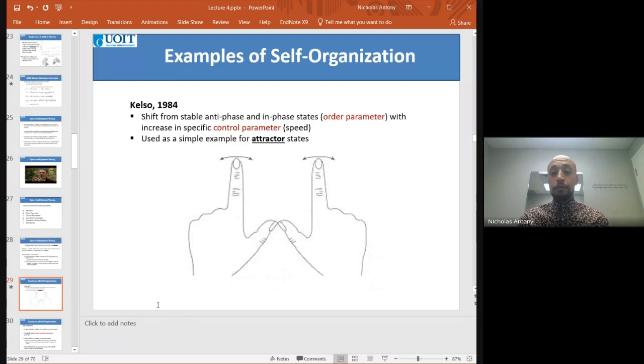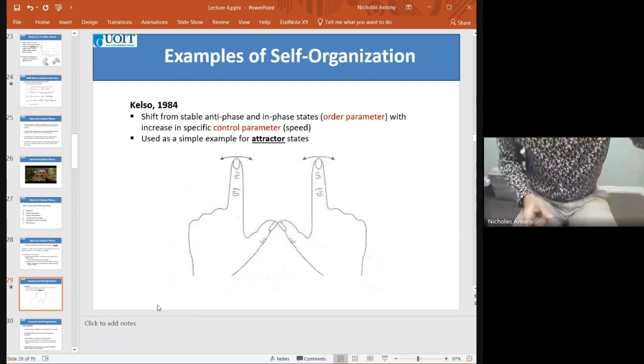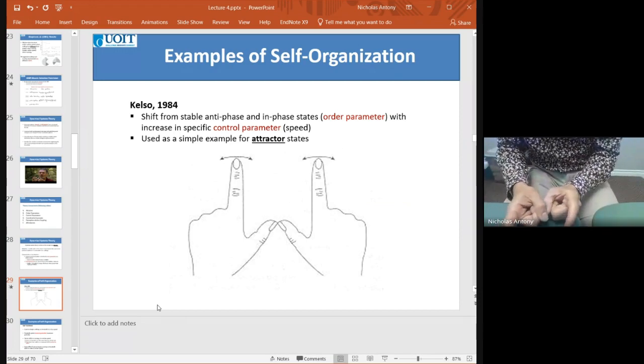So here's an example of an attractor state. What I want you guys to do on your laptop is this way, okay? Can you guys see that? Like this, right? On your laptops. You're going to flex each finger individually, one at once, and then slowly start to speed it up, and try to go as fast as you can.